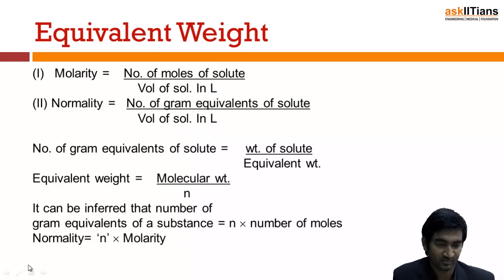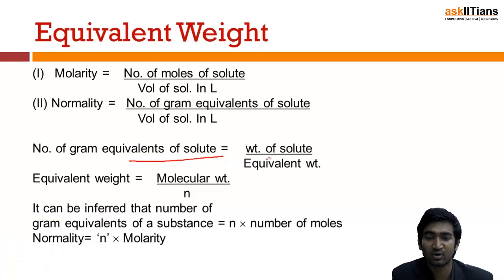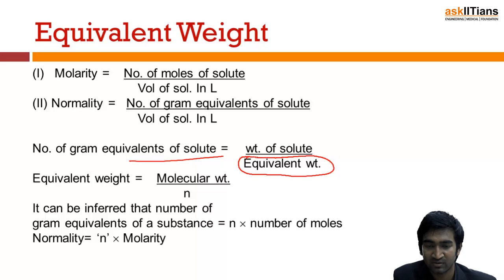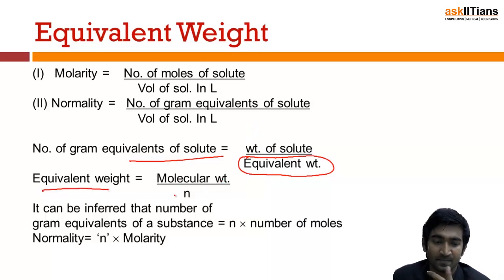Gram equivalents of any solute is equal to the weight of that solute divided by the equivalent weight. You have to understand what exactly equivalent weight is, because without it there is no meaning of normality. So equivalent weight is molecular weight divided by the n factor.